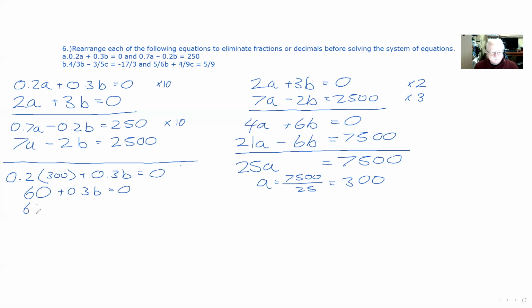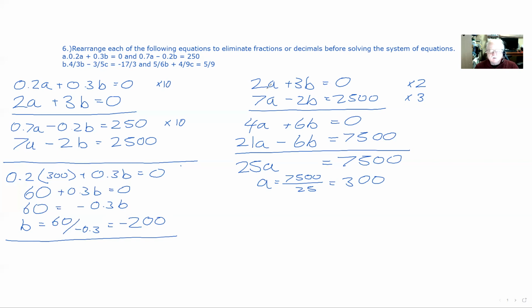So 60 equals negative 0.3b. So b must equal 60 divided by negative 0.3. And we'll find out what that is. That would be negative 200, which is fine as far as it goes, but we've got to see what it works out to in the other equation.